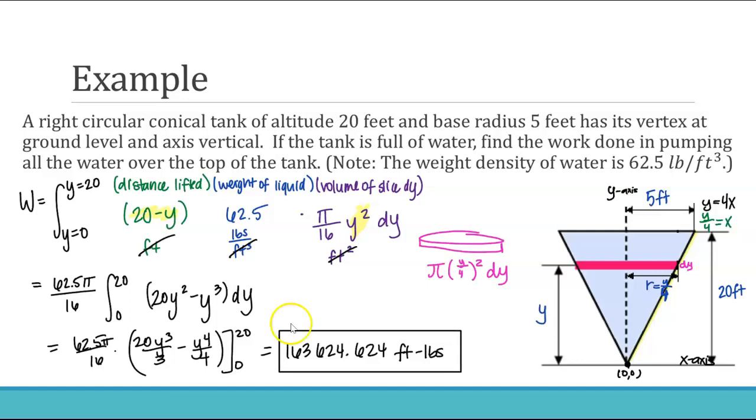And these problems would definitely require a calculator if actually evaluating, but not if you're just setting up, because the real ugly numbers come with the evaluation of the definite integral.